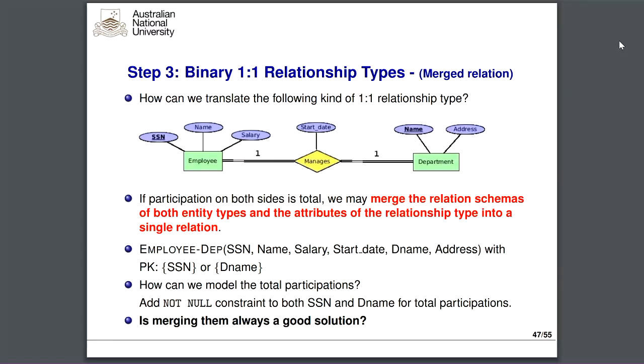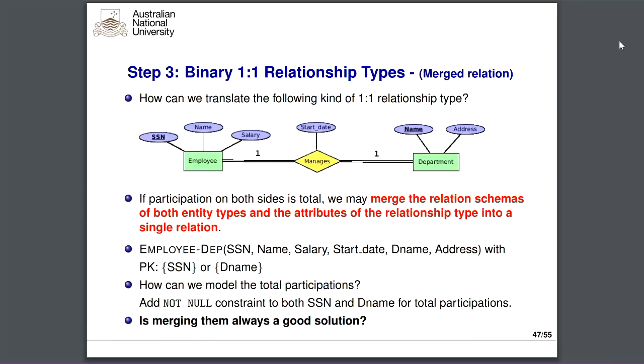Now the primary key. Going back to the primary key, you always think about whether it can uniquely identify this whole set. In this case, we can take either the social security number or the department number. How can we model the total participation in this case?